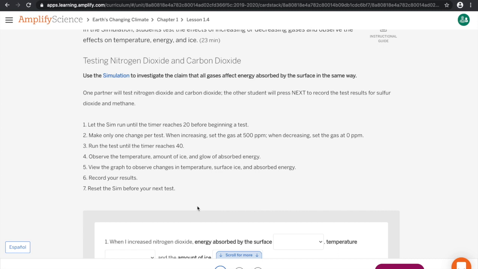So we already know that part of the atmosphere, but we're going to look at the other gases too, because there might be other causes that have the effect of melting ice. So what we're going to do is let the sim run for 20 seconds. Make only one change per test. So first we're going to do the nitrogen test, and then we're going to do the carbon test.